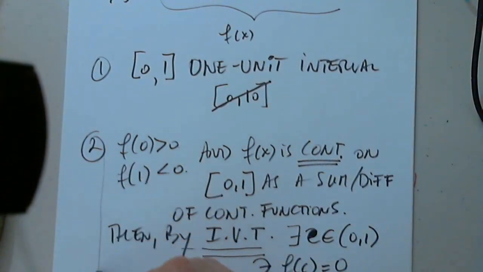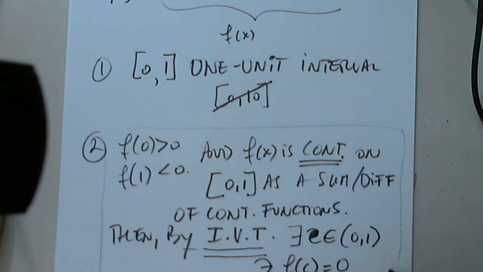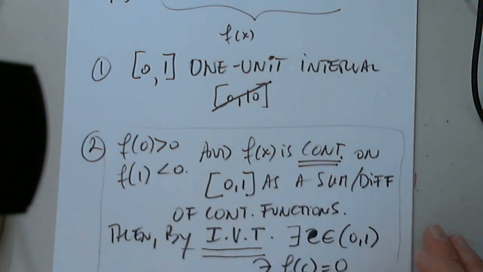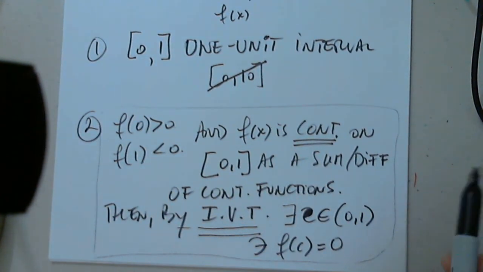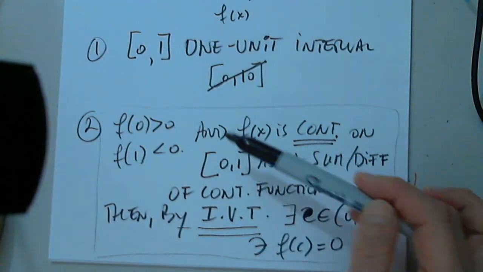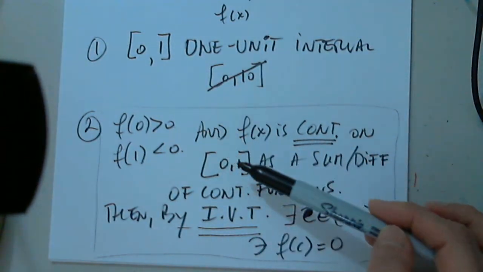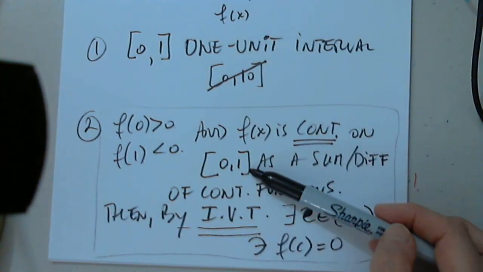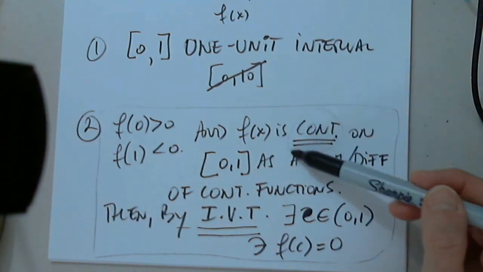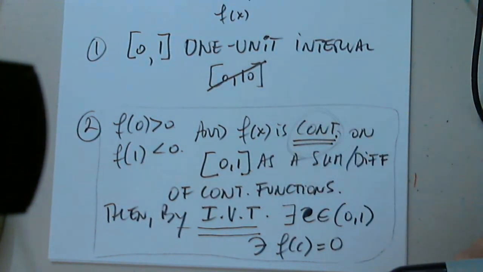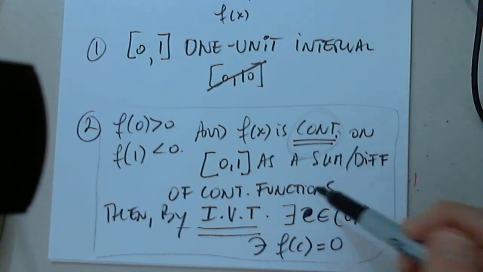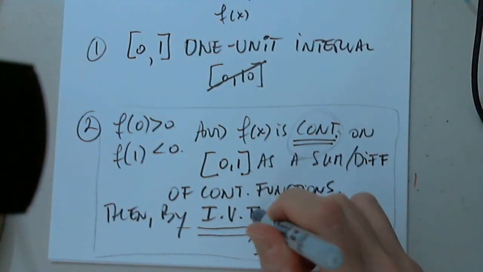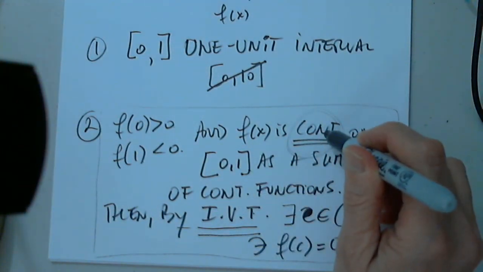I have to state this. It's part of Newton's method. It shows how I determined this interval and why I rely on this interval. I rely on the interval because the function is continuous on this interval as a sum or difference of continuous functions, by IVT for continuous functions.